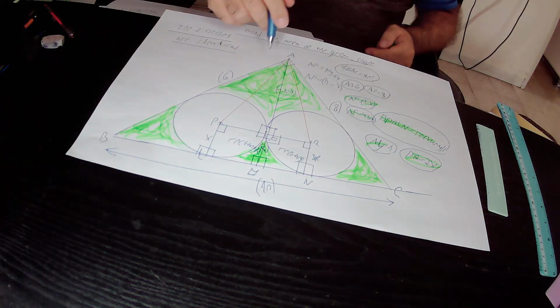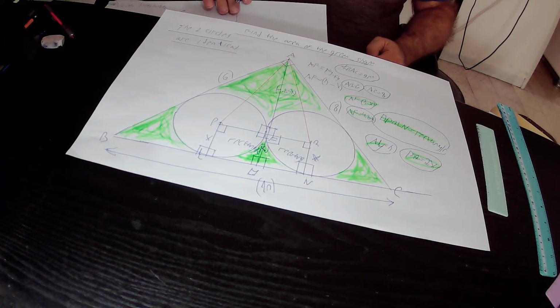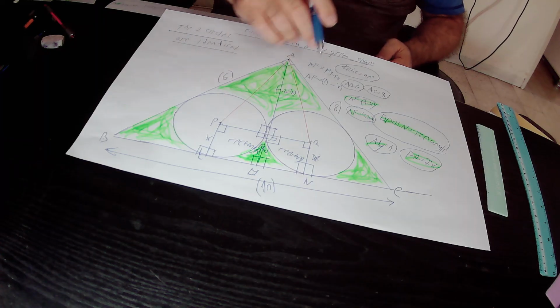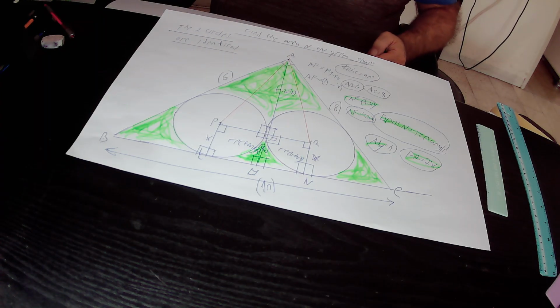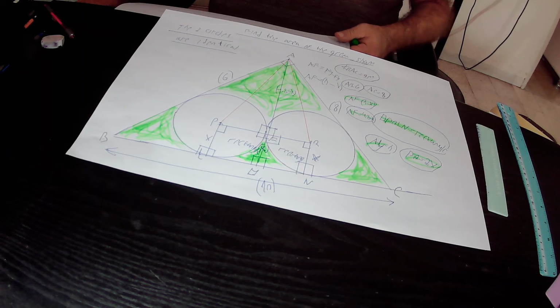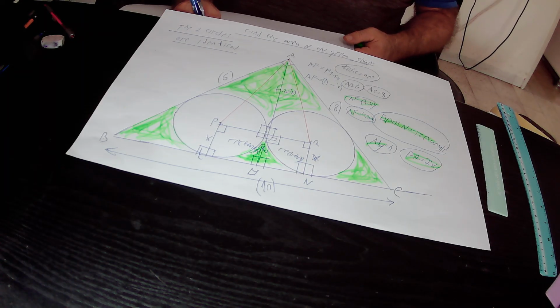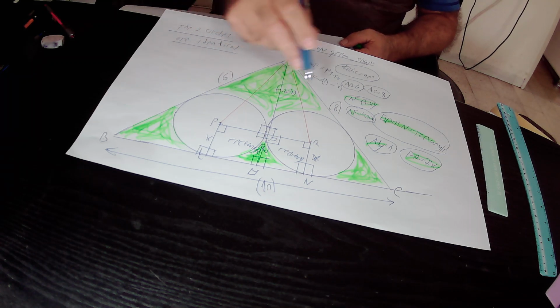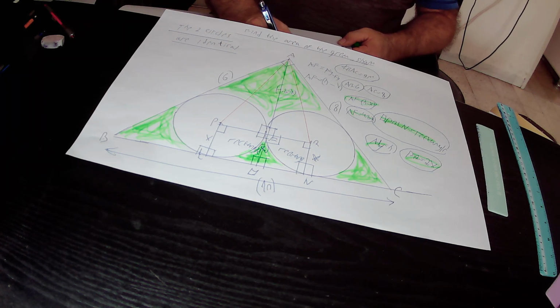What is the area of this small triangle APQ? From the drawing, it is very easy to say that the area of this triangle APQ in total is equal to the base PQ times the height AF over 2.